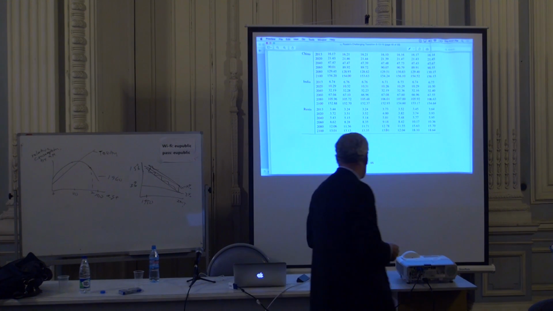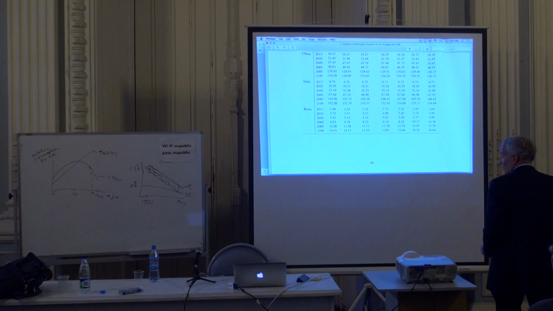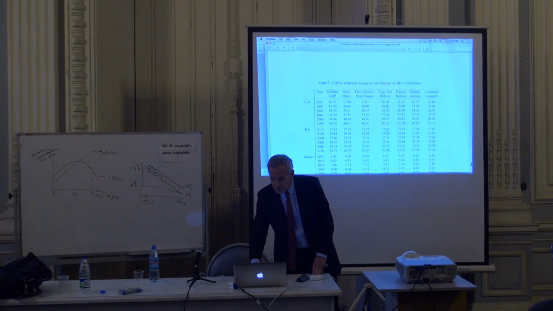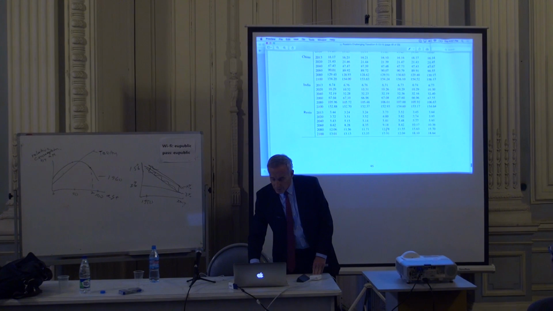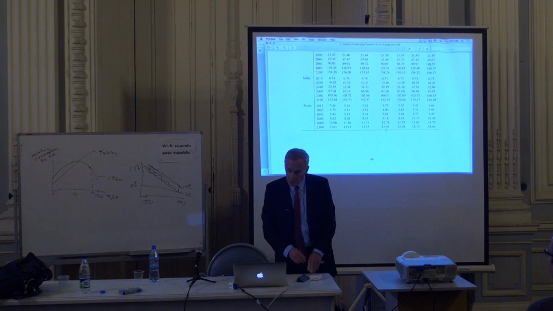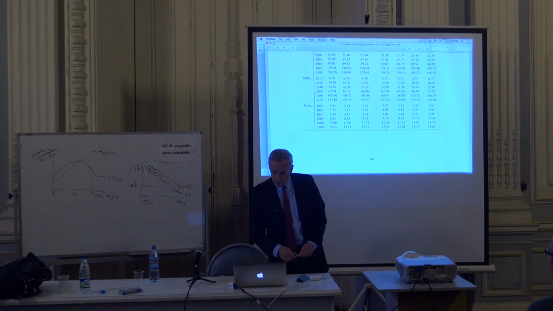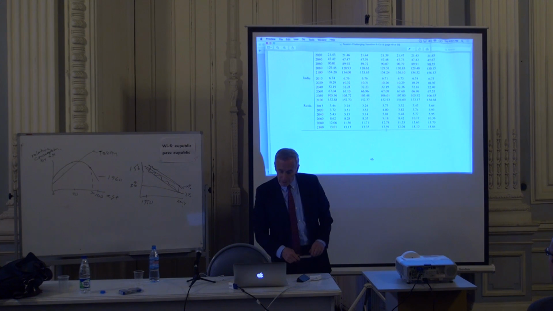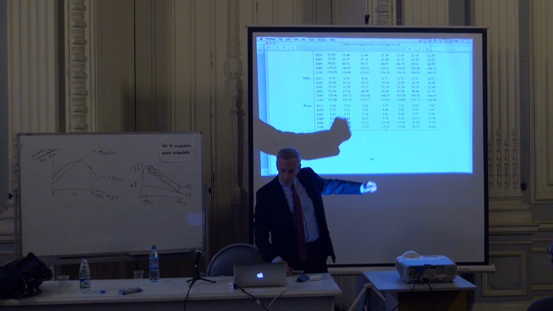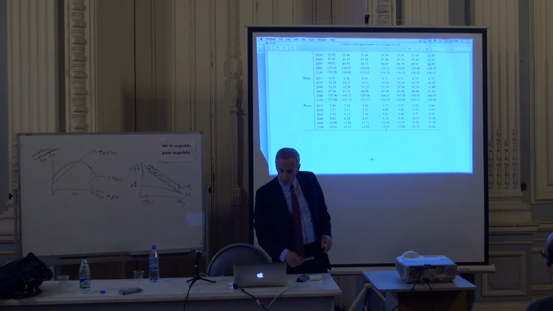Then another idea would be to have pension reform. If you do a pension reform of the type I just discussed, pension reform gradually raises GDP somewhat, at least in the next 30 years or so. There's some improvement in GDP, but it's not as much as it would be if you had a closed economy.